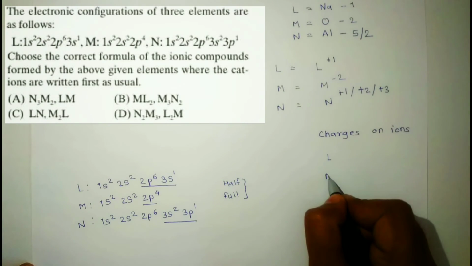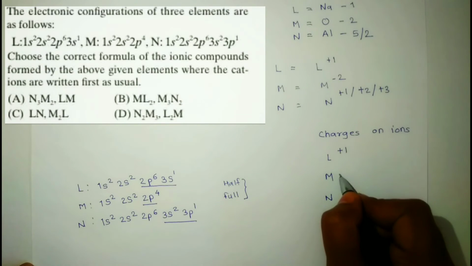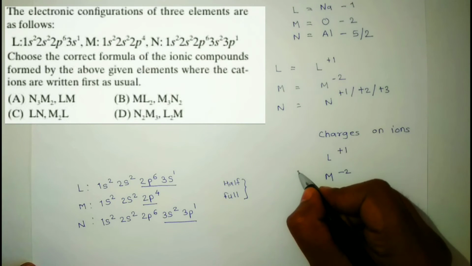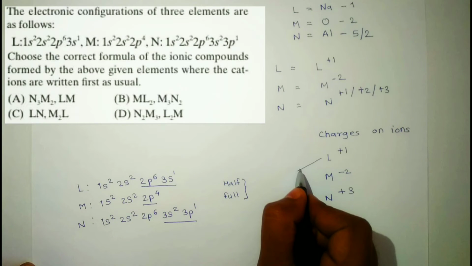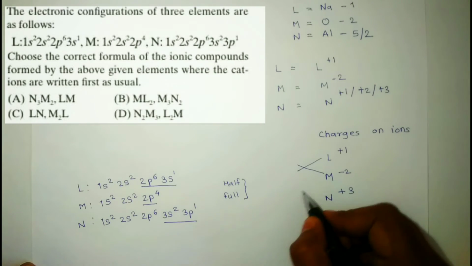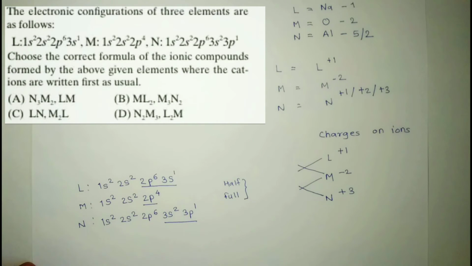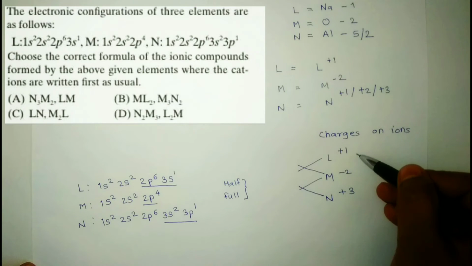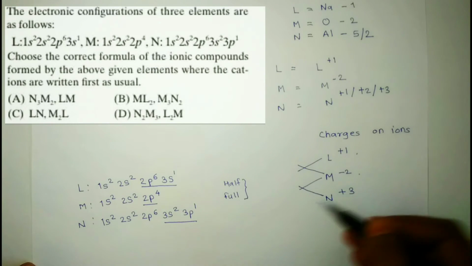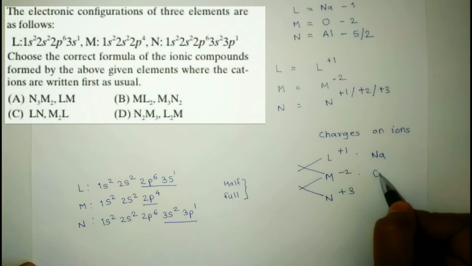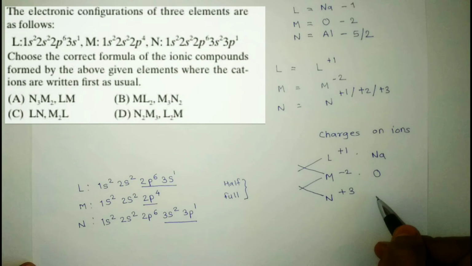Here we use the crisscross method. In this method, the numerical value of each ion's charge is crisscrossed to the other element to form the correct chemical formula. For example, for the elements L and M, we know that oxygen and sodium can form a compound, Na2O, that is sodium oxide.